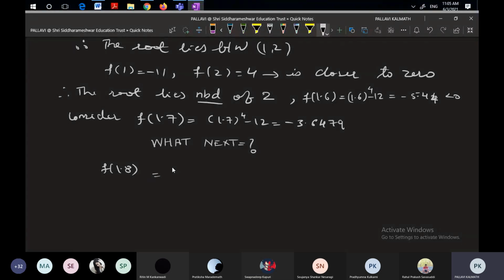Okay, so 1.8 raised to 4 minus 12. How much? Minus 1.5024. Again less than 0. What next?